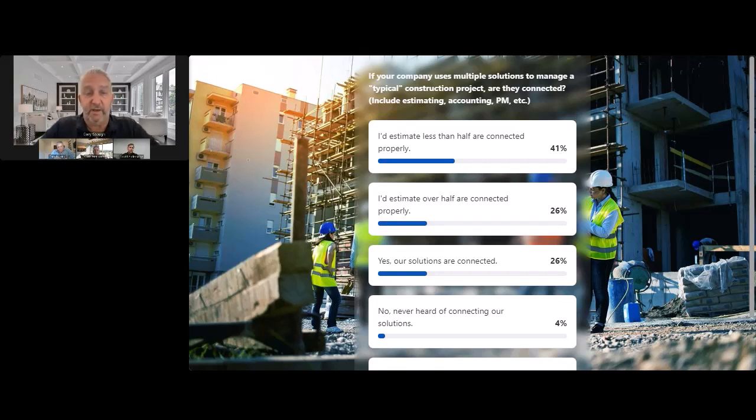The challenge with that is, A, once that project's gone, you've lost that data. And B, if you end up in a situation with either a claim or you end up getting divorced from the GC, you've lost all your data because that general contractor controls it. It could be a general contractor, it could be an owner to a general contractor. But having your own solution in place, I can't emphasize enough how important it is.